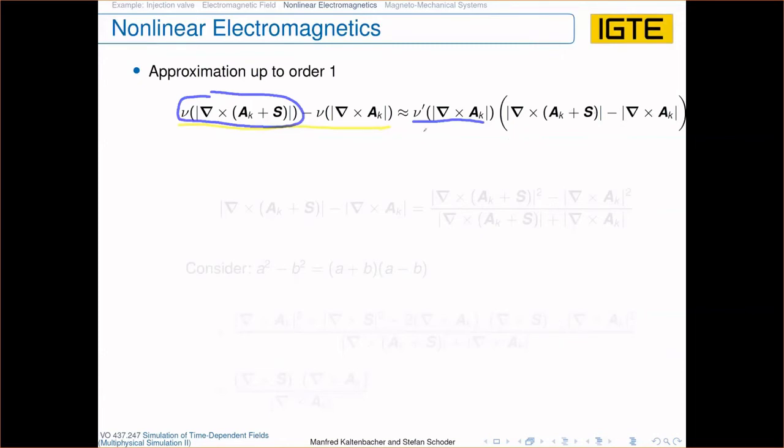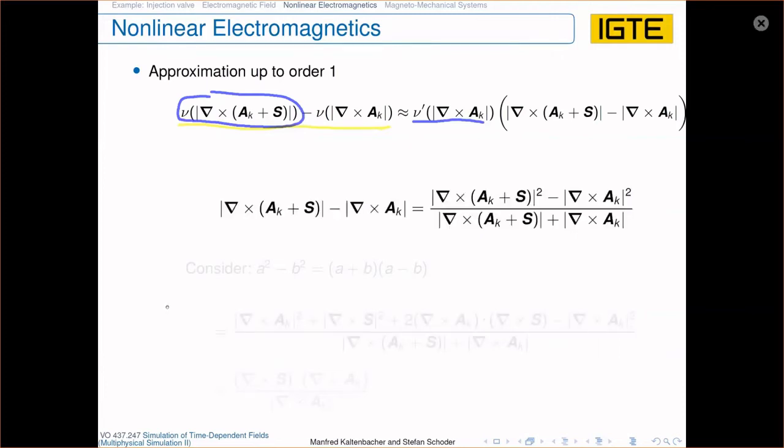But important is that we do not have to evaluate this material parameter at S. It is now the derivative of the material parameter, and at S we don't know it. We just have to evaluate it at the curl of AK, and AK is the solution of the previous iteration. So what we in addition now have is this increment, the absolute value of the curl of AK plus S minus the absolute value of the curl of AK.